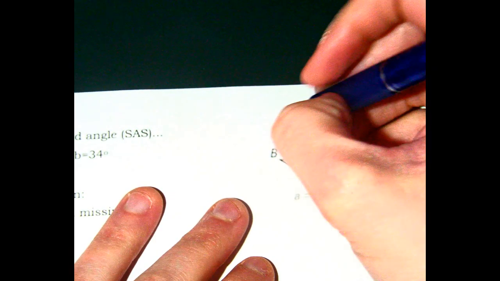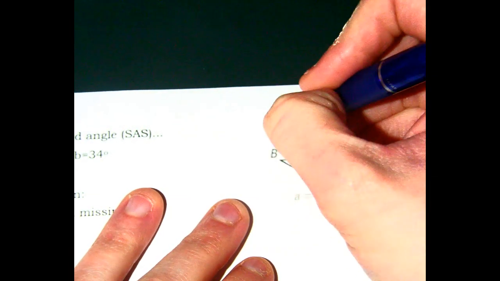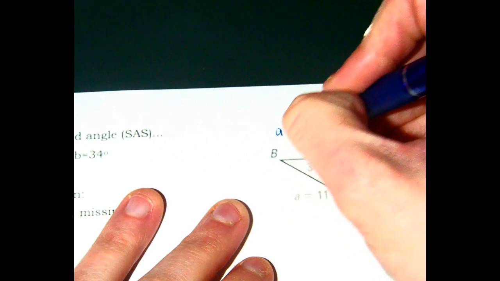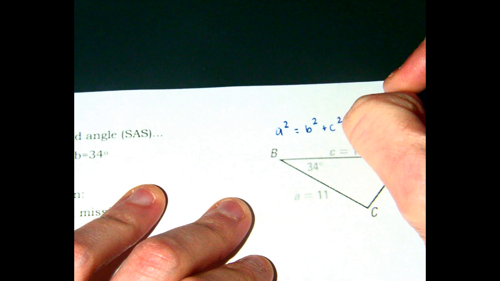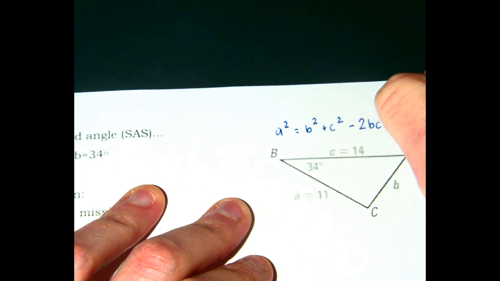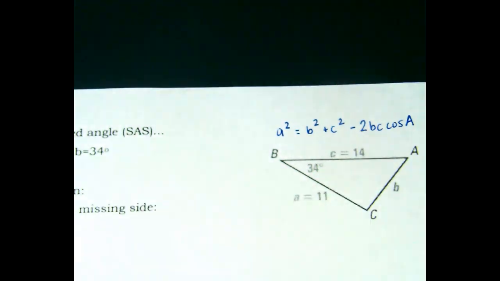The law of cosines is, I might have to close that window so you can see this, A squared equals B squared plus C squared minus 2BC cosine of A. Now, here's the problem, and you might want to use a different one.